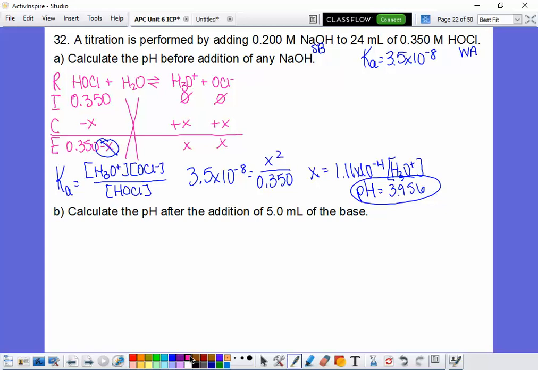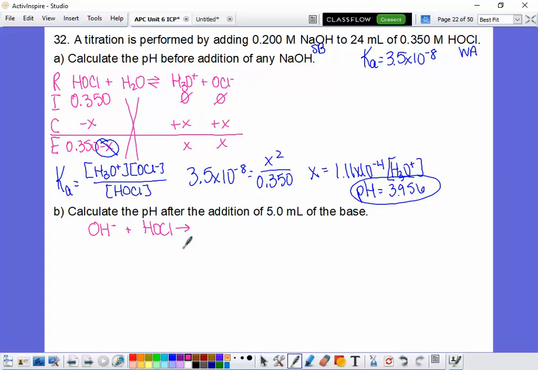Okay, so when we set up invader problems, we write the reaction between the invading species, so OH minus, and the component it's invading. When it's invading a buffer, only one of those components will neutralize the base. Here we only have one component, and that's the HOCl. And that's going to be a strong arrow, a single arrow.